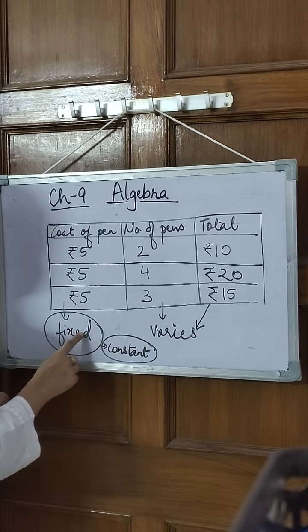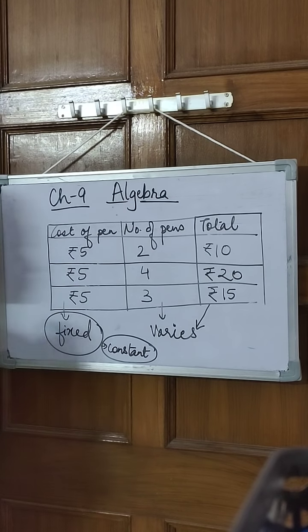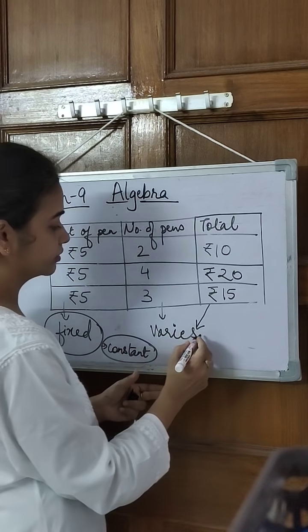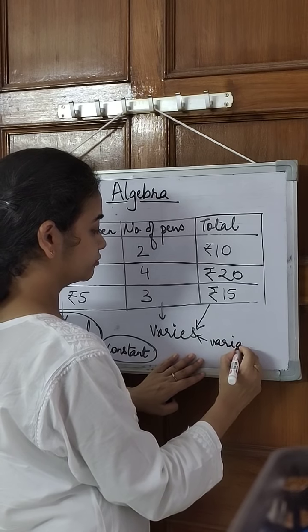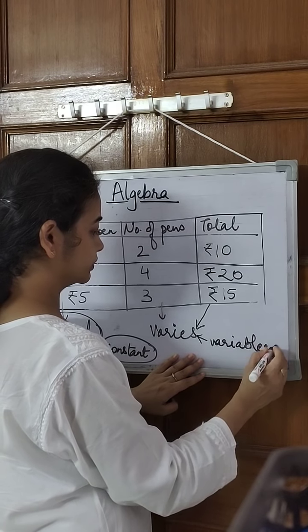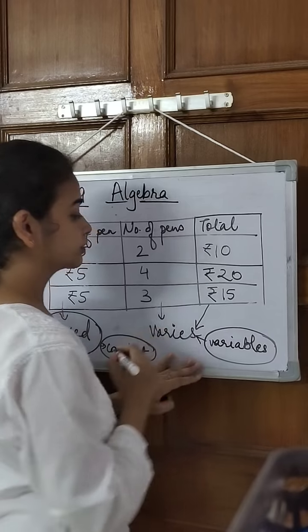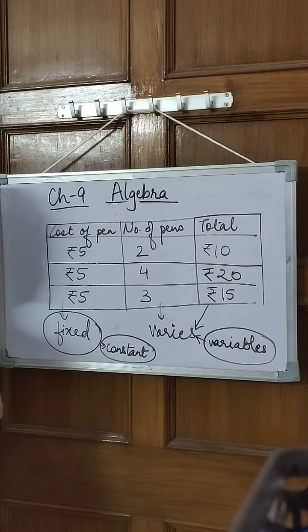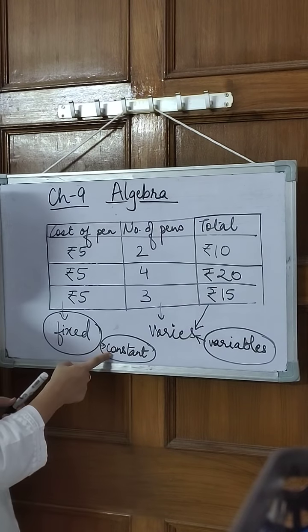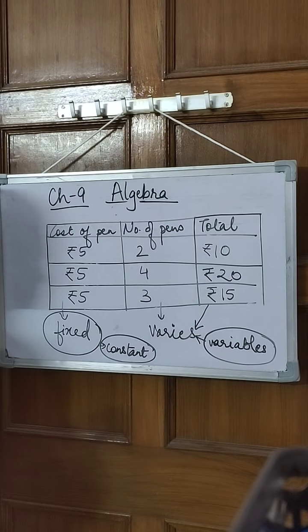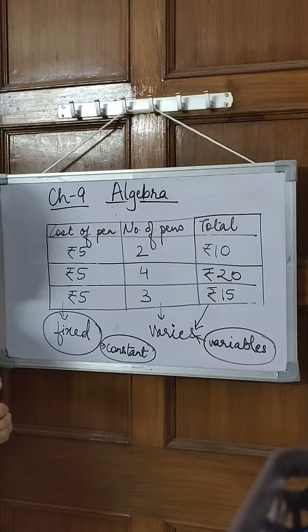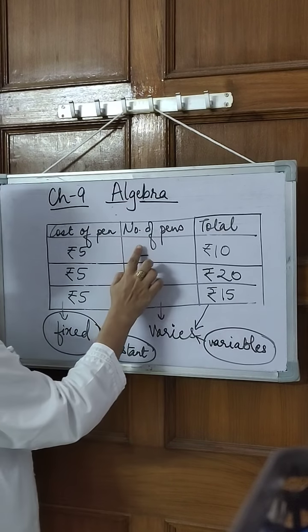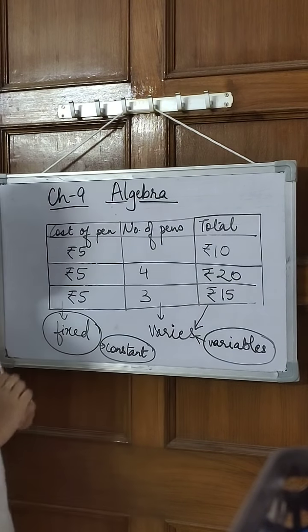So the values that are fixed are called constants, and the values that vary, or the values that take different numerical values, are called variables. And how do we represent constants? We represent constants with the help of numbers, and we represent variables with the help of letters.